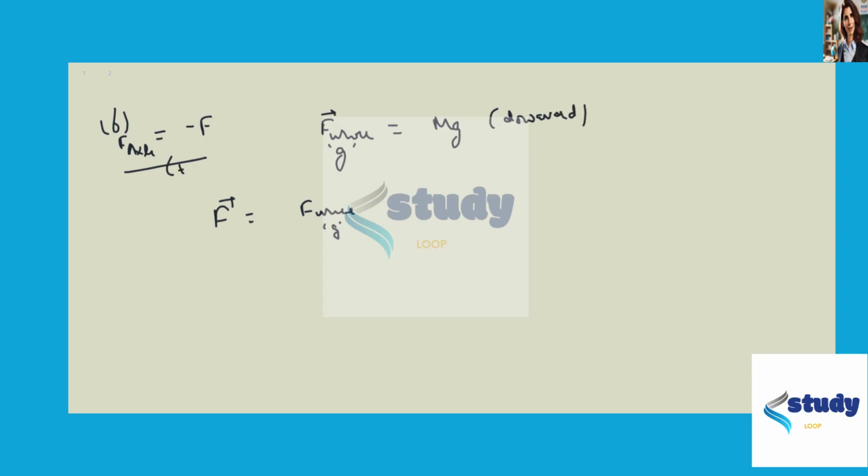So the total force has F towards the left and mg downward. The total magnitude equals the square root of mg square plus F square.